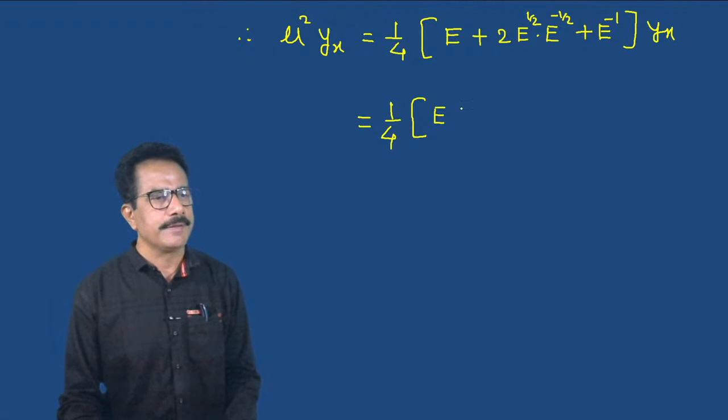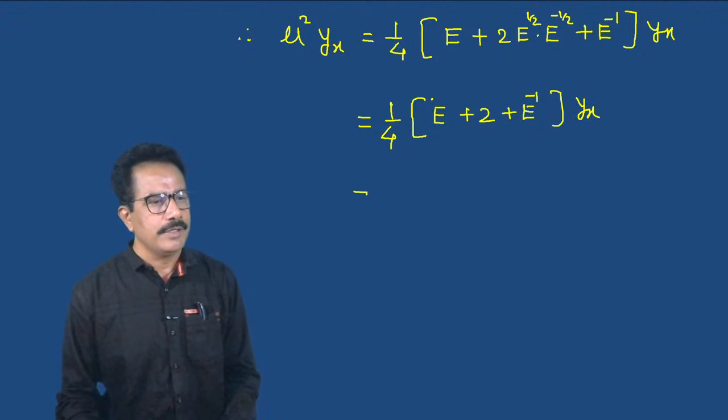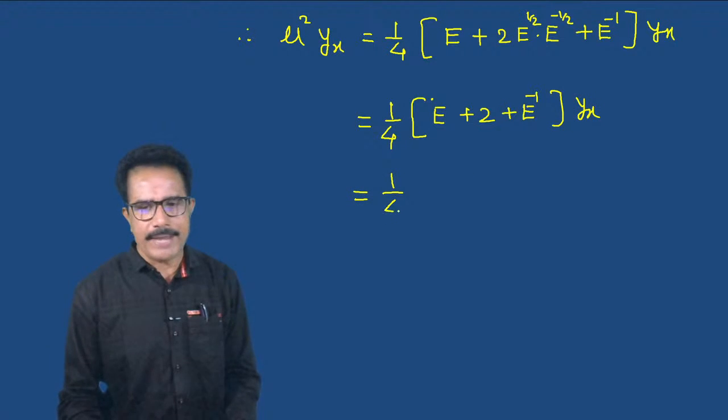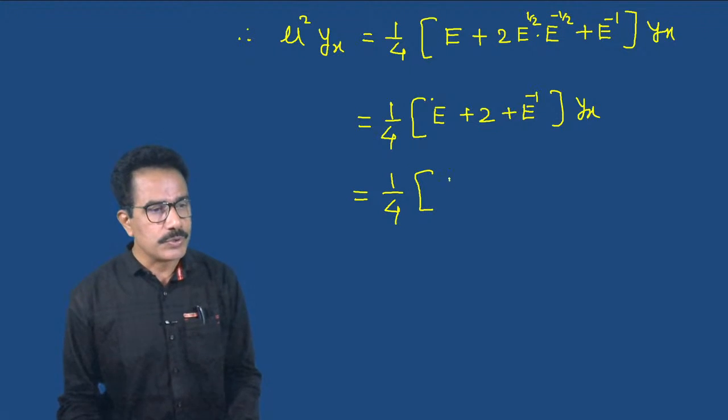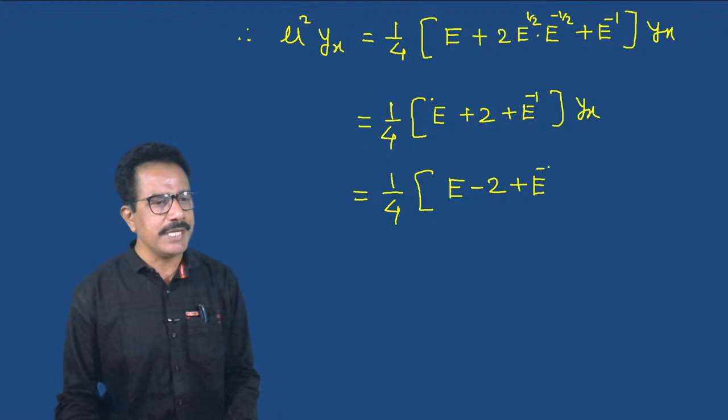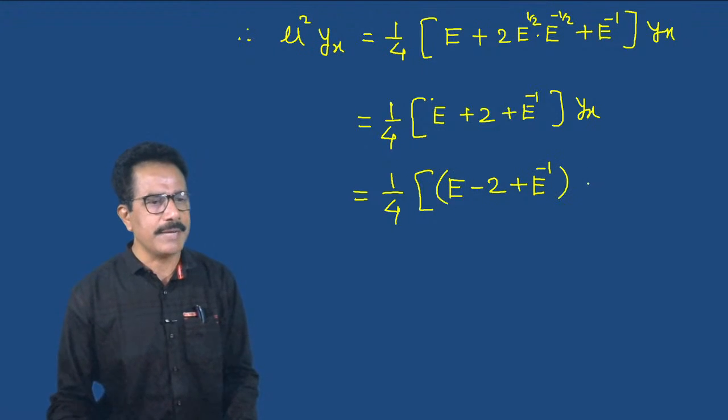So e raised to 1/2, or if we like, e plus 2 plus e raised to minus 1 into yx. So 1/4, this has to be changed into delta, remember, into delta. So e minus 2 plus e inverse, this can be written as plus 4 yx.